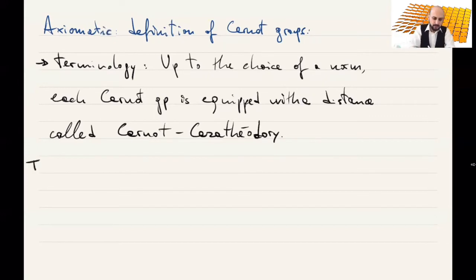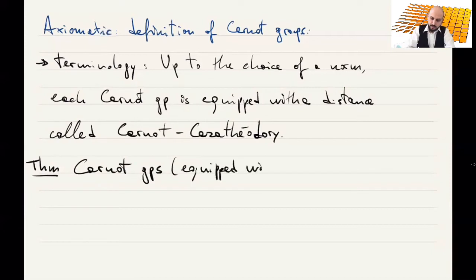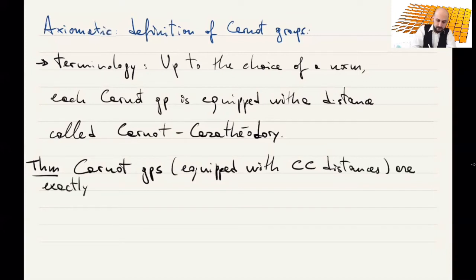Okay, here's the theorem. Carnot groups, as said, equipped with Carnot-Carathéodory distances called CC distances, are exactly the metric spaces that have the following 4 properties.